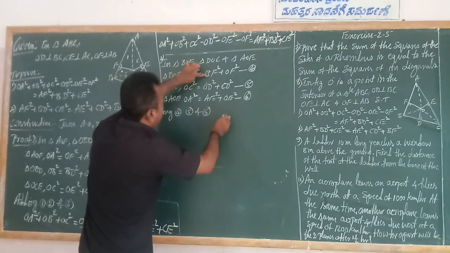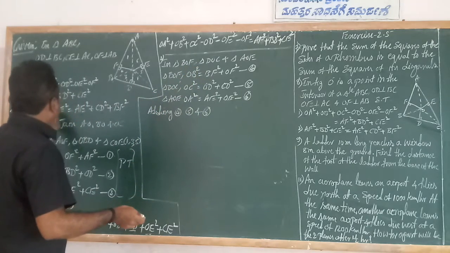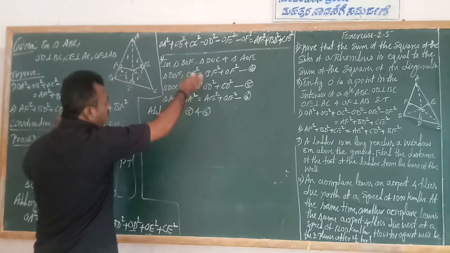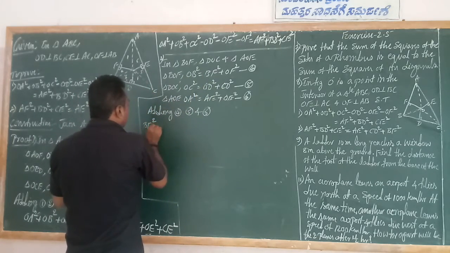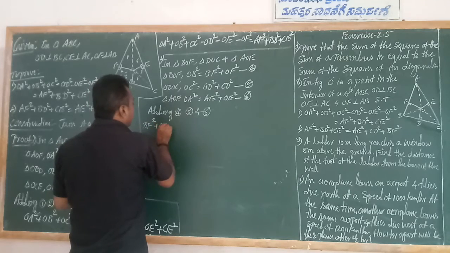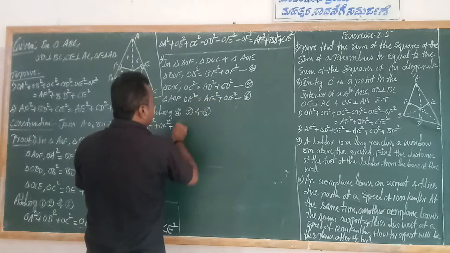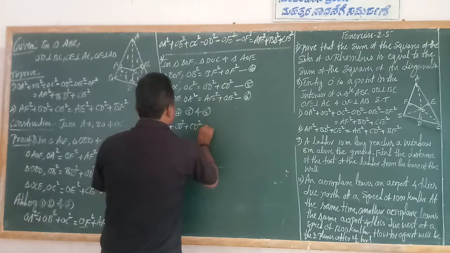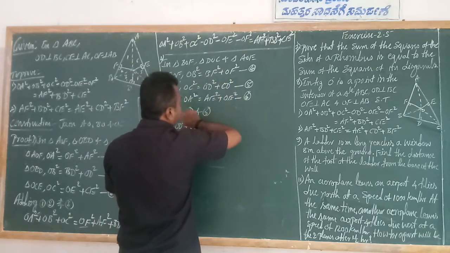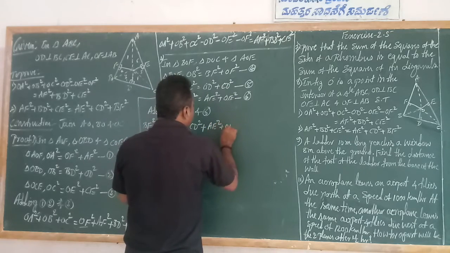So first I will add to the RHS side because I want AF square plus BD square plus CE square. So I will write it here only. First BF square plus OF square plus CD square, so OD square plus CD square plus OD square plus CD square, then AE square plus OE square.